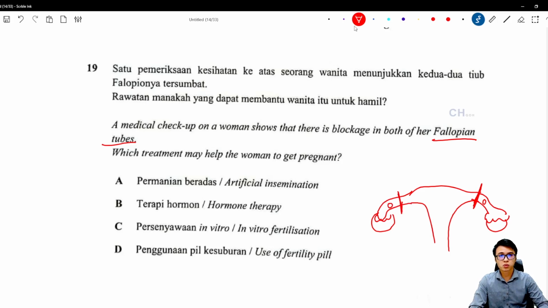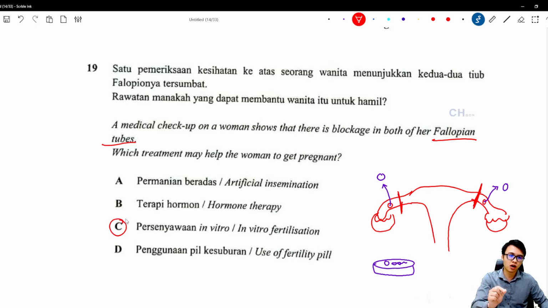So what you can do is take out the ovum and let the sperm fertilize the ovum on a Petri dish. This method is called in vitro fertilization. The answer is C. Take the ovum out and the sperm out and put them together in the test tube or in the Petri dish.